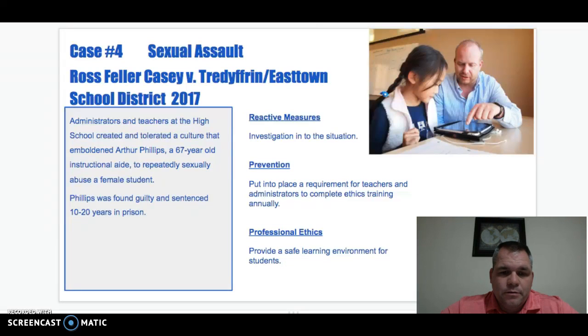As a building leader, I would be very disturbed if this happened in my school. It would be an investigation, not only of him, but of other teachers that might have been seen with him, to figure out what's going on, what were they thinking, and why didn't someone get involved to protect this child. You got to put in place a requirement for teachers and administrators to get mandatory annual ethics training.